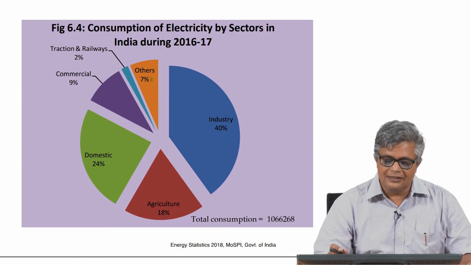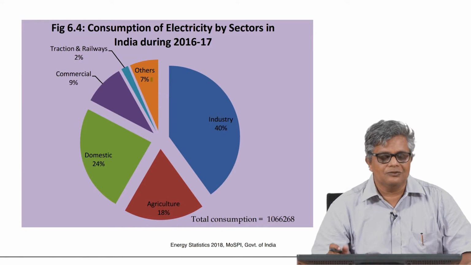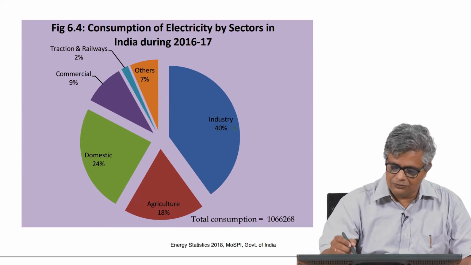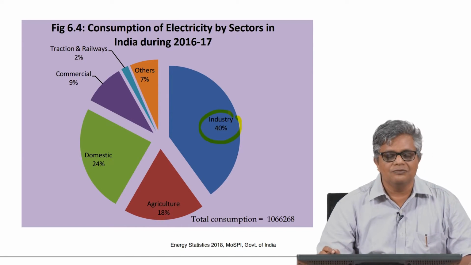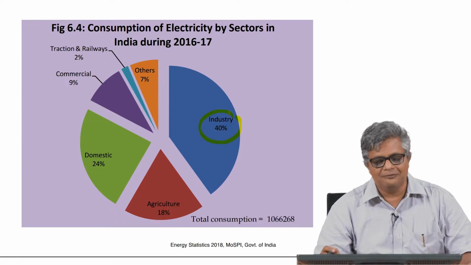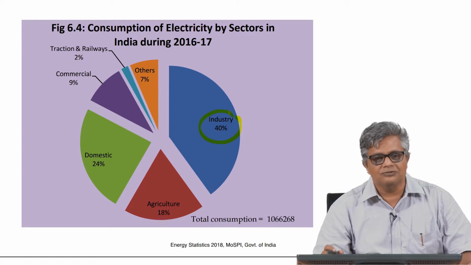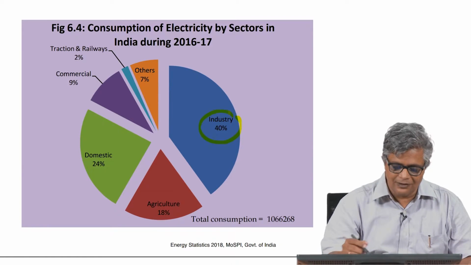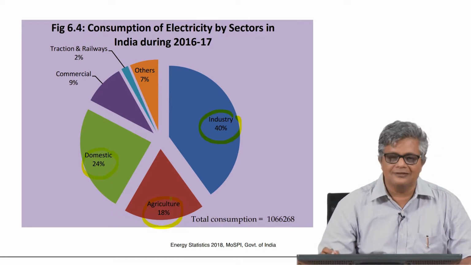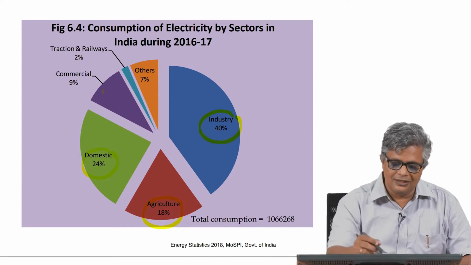And the consumption of electricity, which is again an indicator of how much more we need: we have about 40% going into the industry, which reflects the increasing manufacturing base that is seen in many sectors in India, many of which consume a lot of energy. We have domestic consumption of 24%, agriculture is 18%, commercial is 9%.